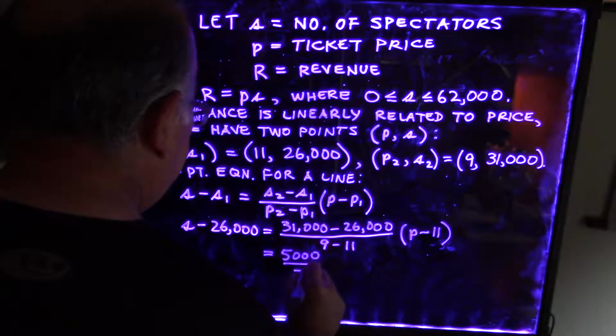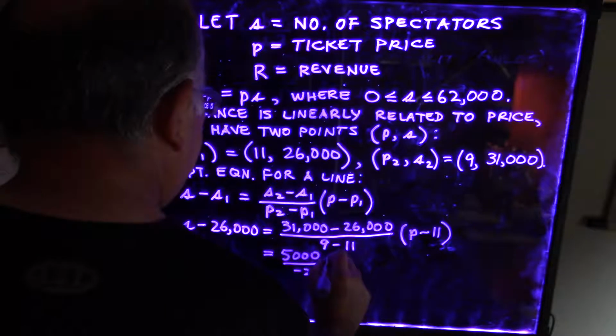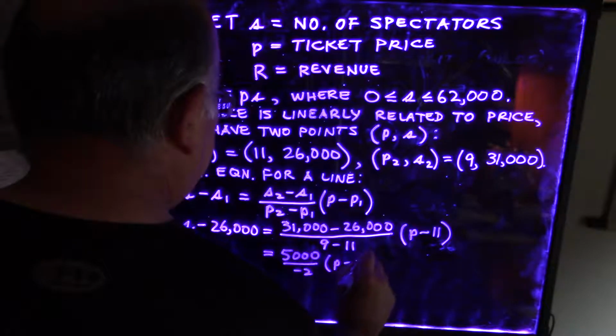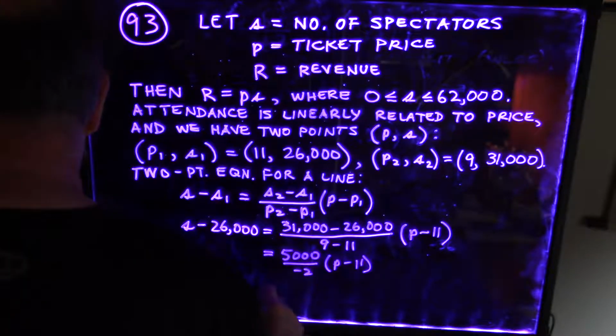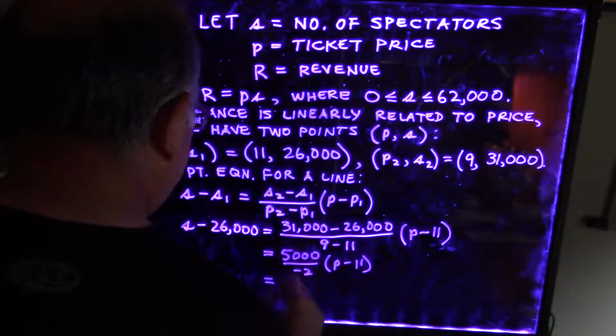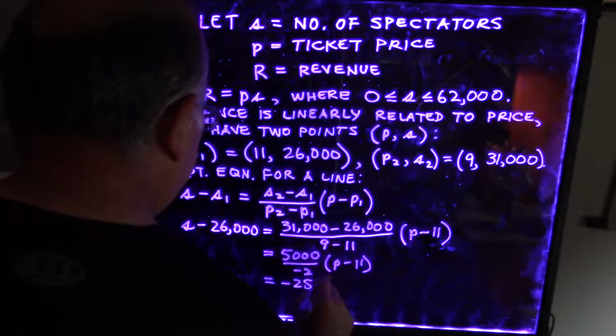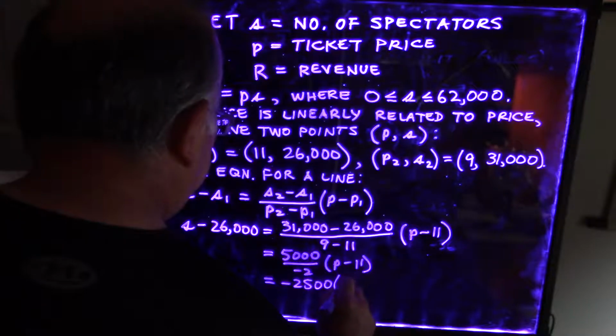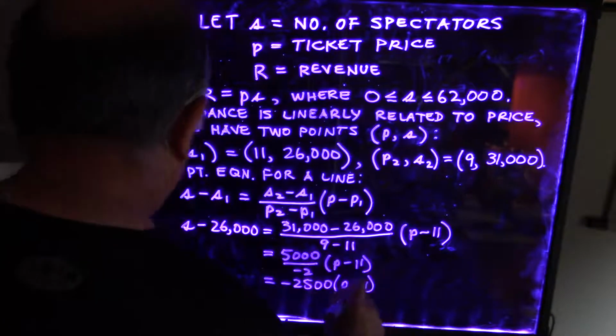That's the slope, times p minus 11 in parentheses, and that's equal to negative 2,500 times the quantity p minus 11.